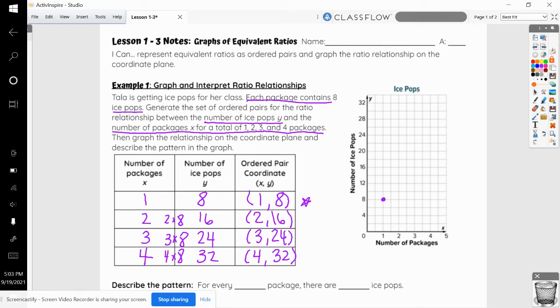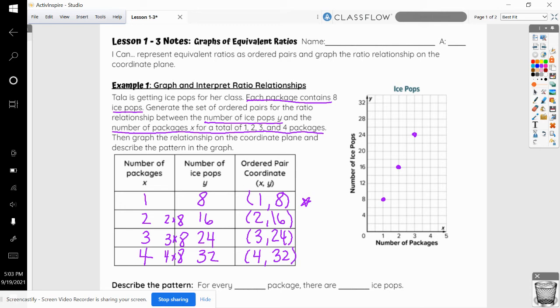So for the second one, I'm going to go to 2 packages of ice pops, and 2 packages has 16 ice pops, so I put a dot at 2 and then 16 up. So for 3, I go across to 3 because my number of packages is 3, and then I go up to 24 because I have 24 ice pops.